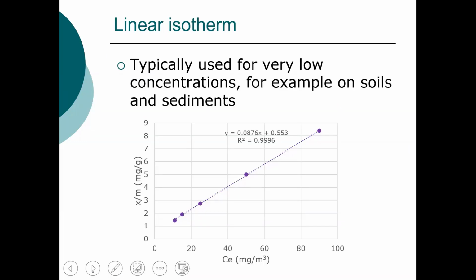If we plot the 5 values for which there is the greatest mass of adsorbent, you actually see you have a nice linear plot. So we plot X over M versus the equilibrium concentration. The linear isotherm is typically used for very low concentrations on soils.